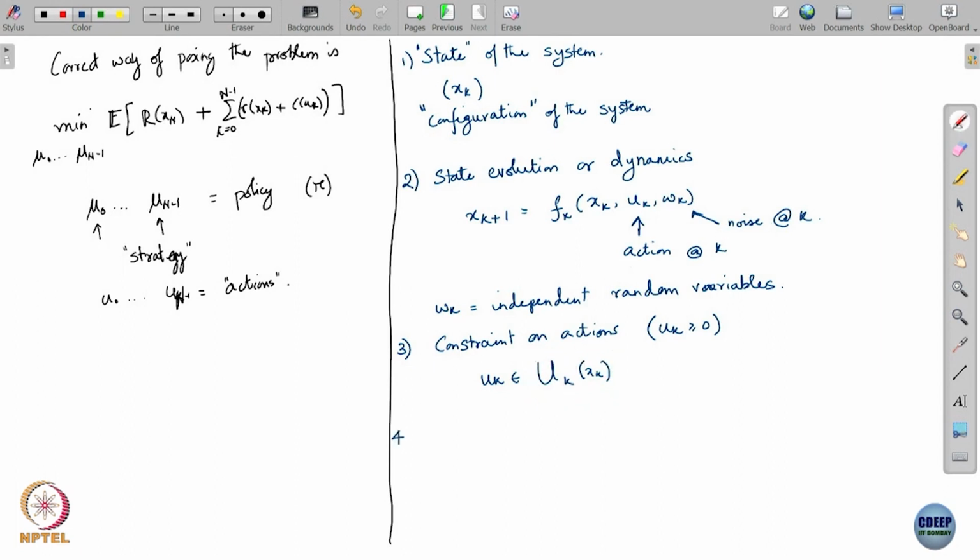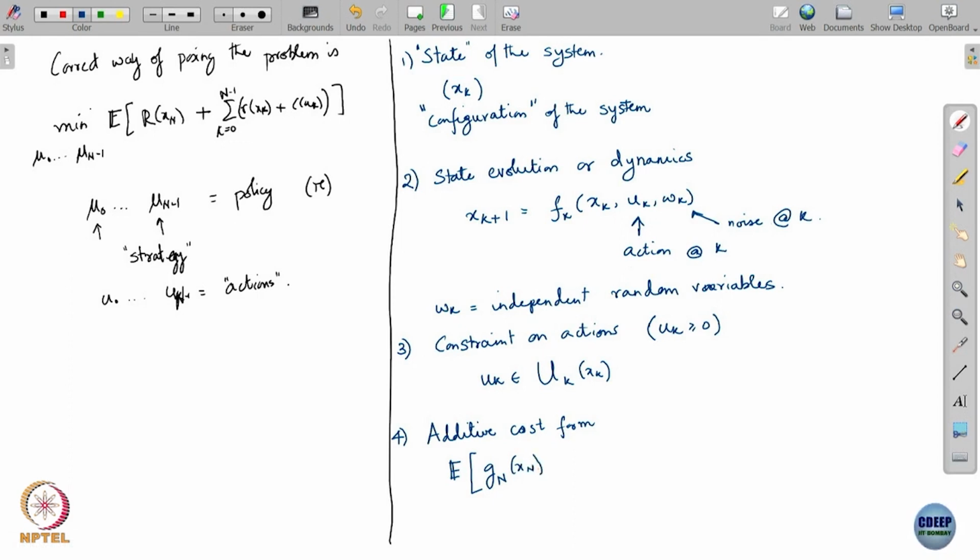Okay. All right. And the additive cost form. The cost form is denoted in this sort of way. Here is your terminal cost g n of x n.